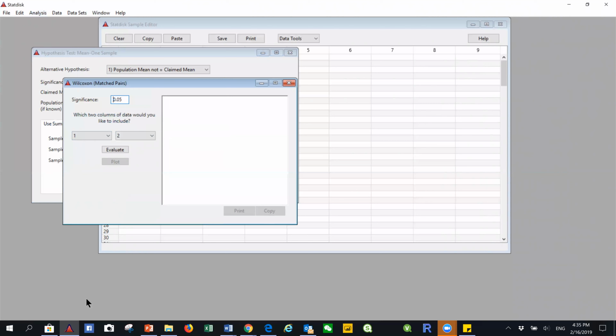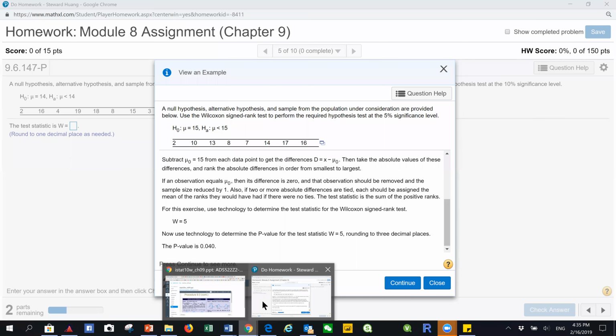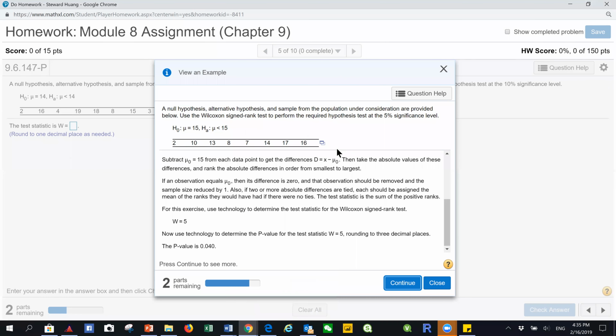You can try this one and plug in the first column as this one, and then the second column as 15, all 15 for the second column, and see if you come out with the same results.